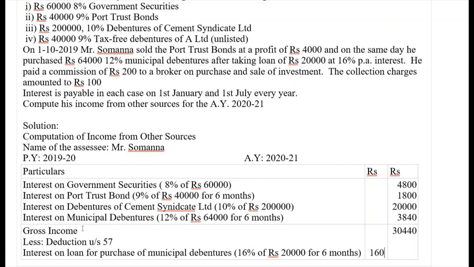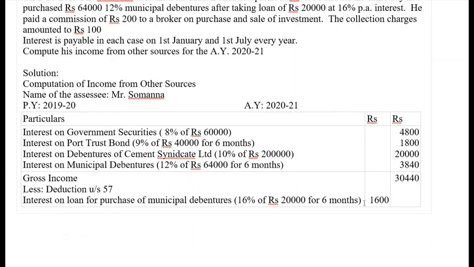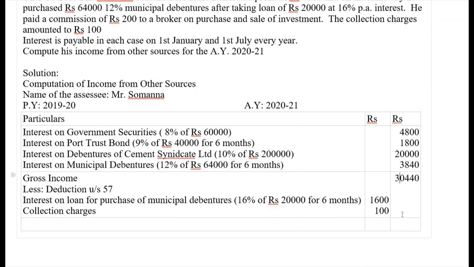So rupees 1,600. Then we have got one more, that is collection charges, that is 100 rupees. So when we deduct here, 1,700.